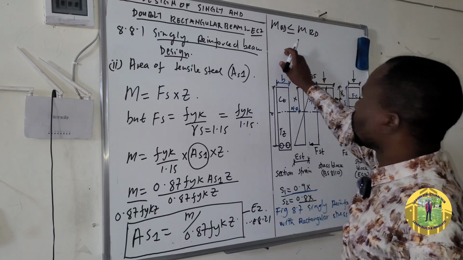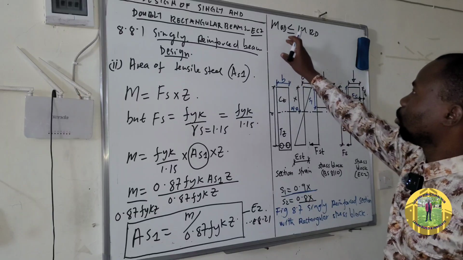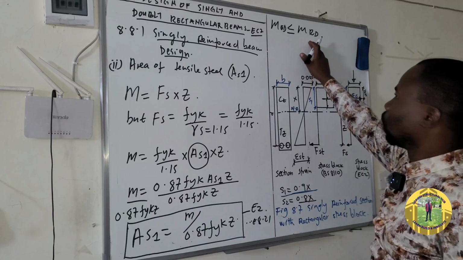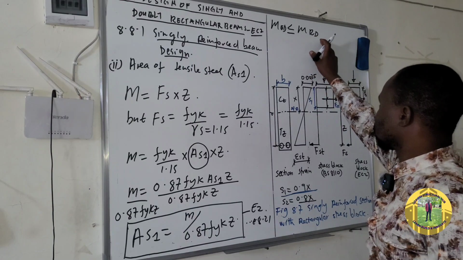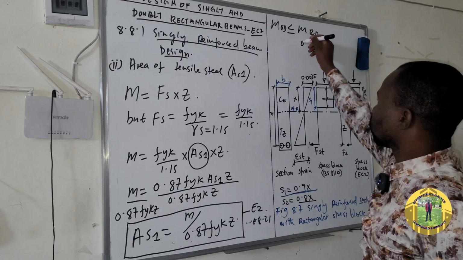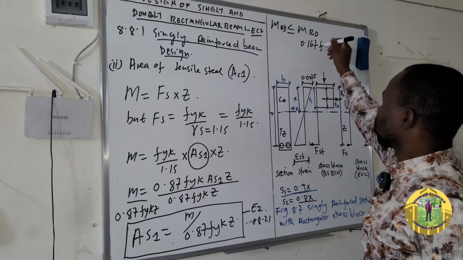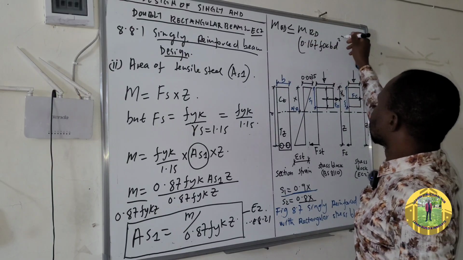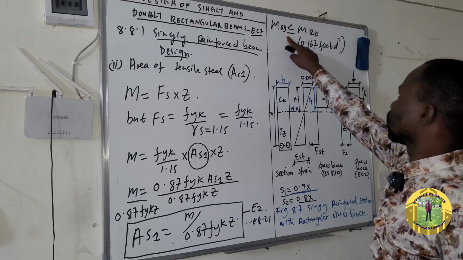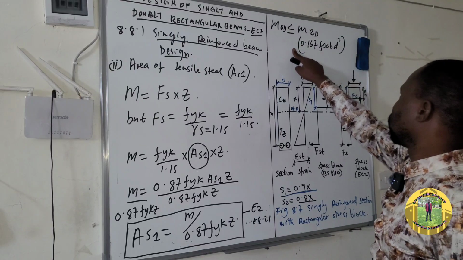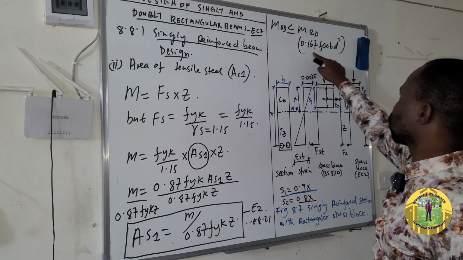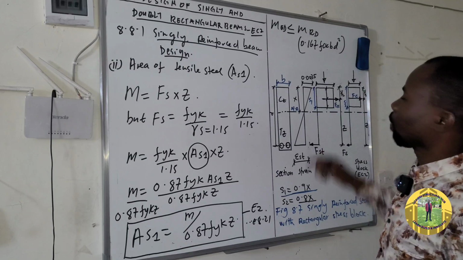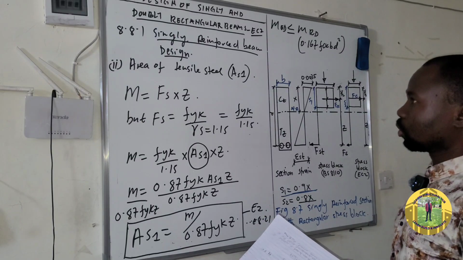It means the design moment of the beam you are designing must be less or equal to the moment of resistance, which is 0.167 FCK BD square.